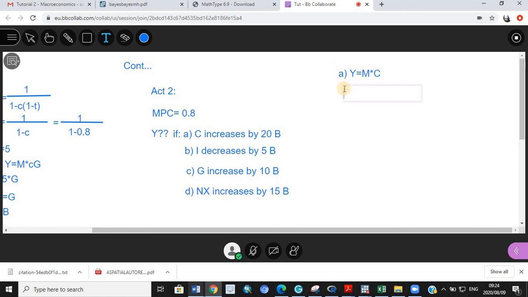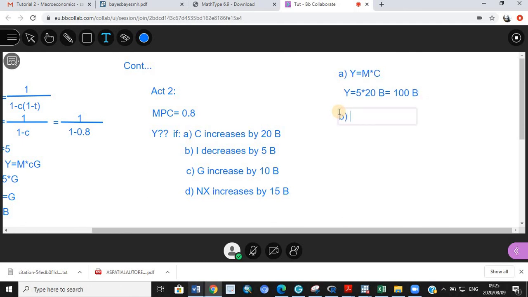So Y equals the multiplier, which is 5 again, multiplied by the change in C, which is 20B. This is going to be equal to 100B. That means if consumption increases by 20B, the overall output or economic growth is going to increase by 100 billion.